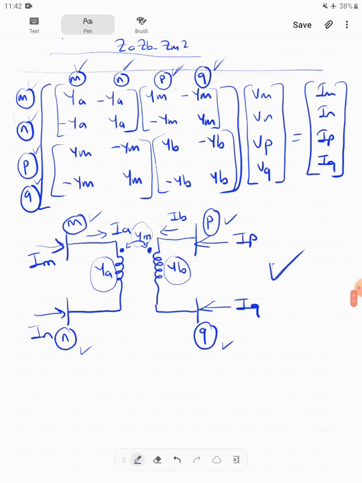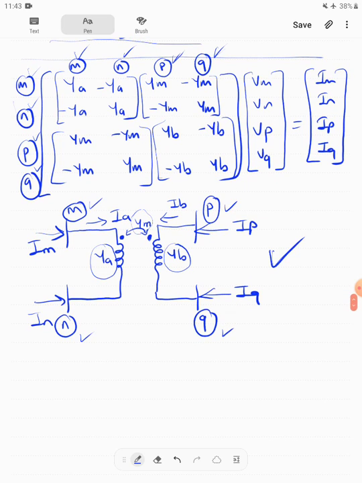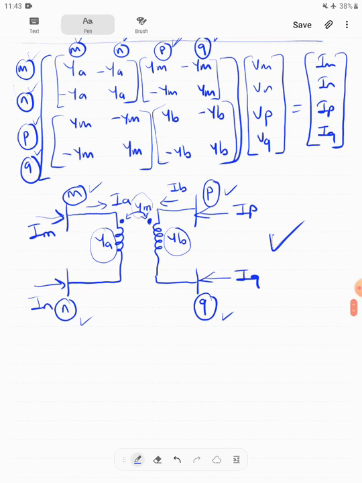So when deciding which letters must be written first, we have to check the dot locations of the mutual admittance, and we should write first the name of the bus to which the dot is nearest.